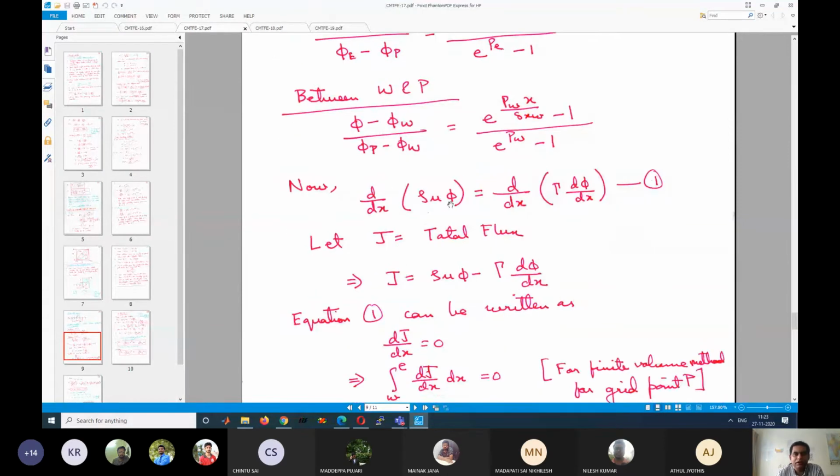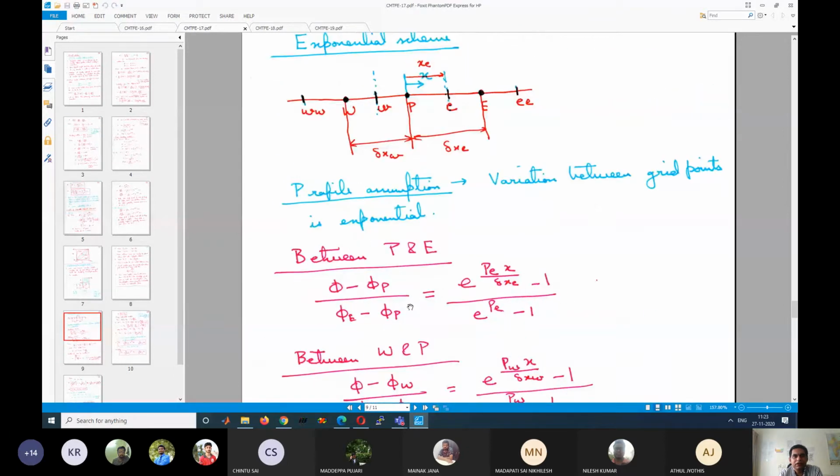So the 1D convection diffusion equation without source term and unsteady term can be written as dJ dx equal to 0 only. What it means physically is that there is no change in flux in the x direction. For 1D convection diffusion that is physically correct, because if there is no source term, additional flux cannot come in from anywhere.